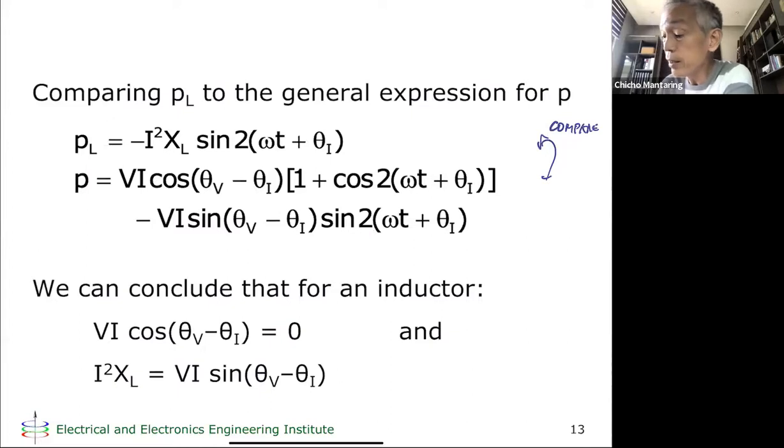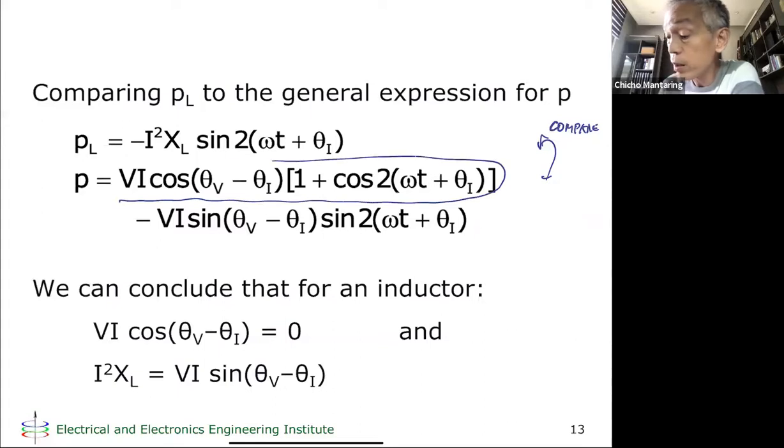You will notice that the only term we have here is itong sine of 2 omega t plus theta I. So ano ibig sabihin niyan? Ibig sabihin niyan, itong buong to equal to 0. This is equal to 0. And this will only be equal to 0 if this VI cosine of theta V minus theta I is equal to 0. So yun yung sinasabi natin dito.